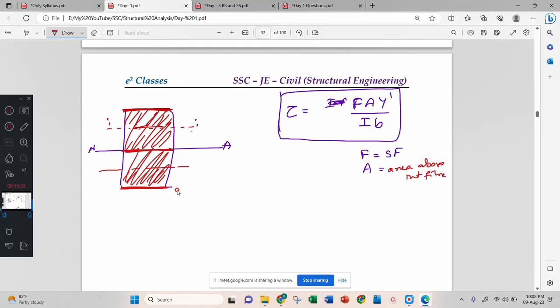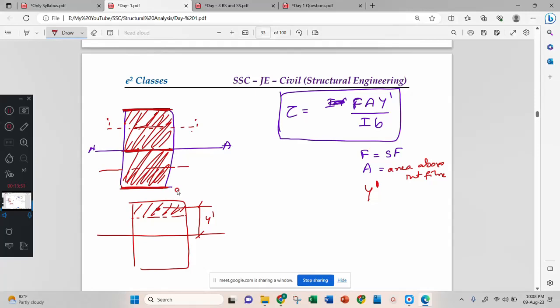Then what is y bar? Y bar, it is y dash. Once again I will draw the figure. Neutral axis, this is interested fiber, then this is your area, correct? Now this distance is called as y bar.